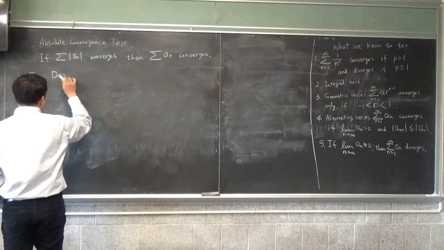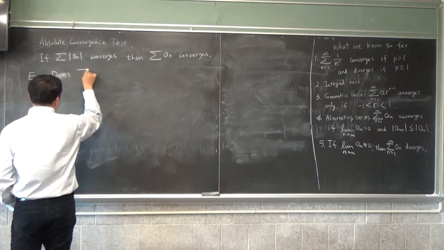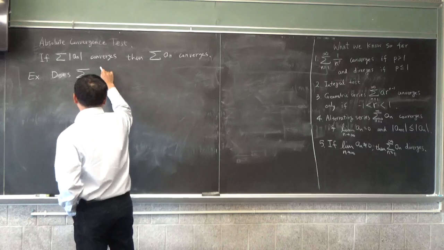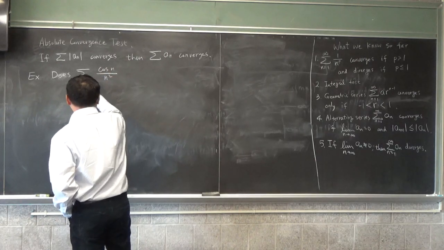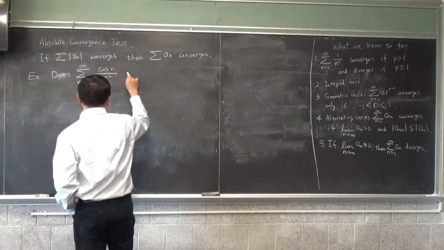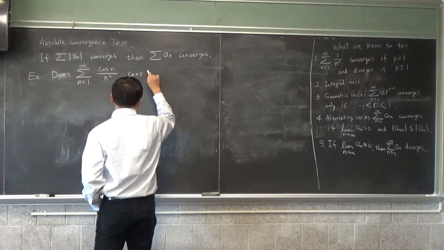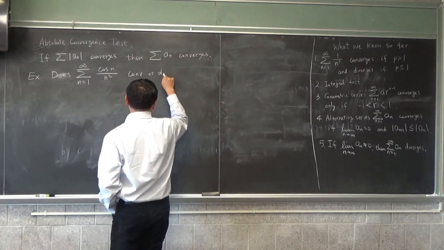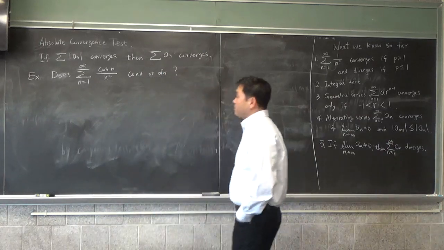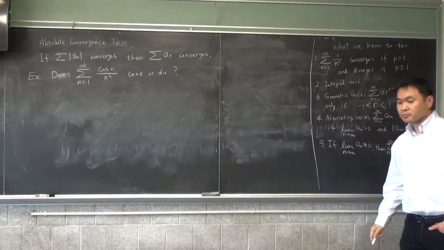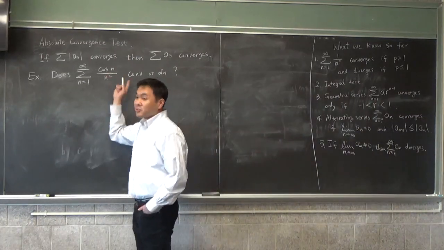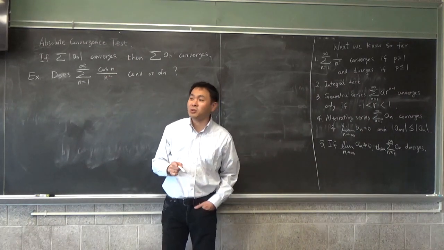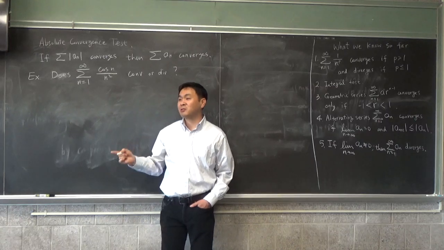Does the summation of cosine of n over n squared, n from 1 through infinity, converge or diverge? Well, cosine of n, all we know is that it's a value between -1 and 1, right?